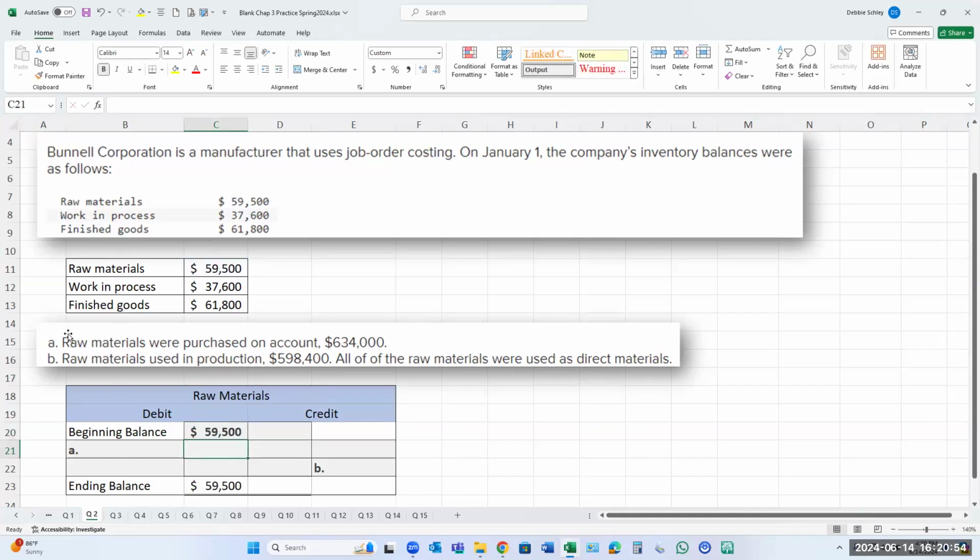And then transaction A is where I purchased raw materials, so that is a debit to raw materials. And then transaction B is where they got taken out of raw materials and put into work in process. So B was primary. So adding together the debits and subtracting the credits, I get my ending balance.